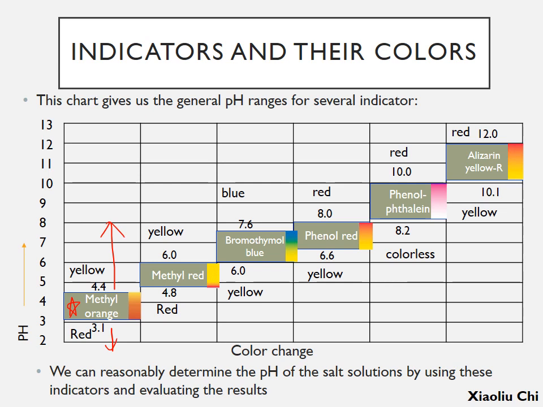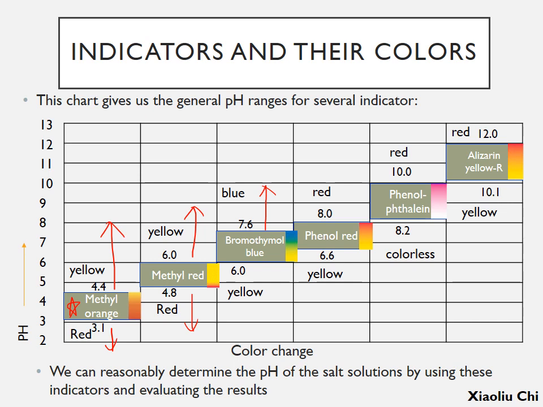Methyl red is yellow when pH is above 6.0, but changes to red when pH is below 4.8. Bromothymol blue is blue when pH is above 7.6, but yellow under 6.0. Phenol red is red when pH is above 8.0, but becomes yellow when pH is below 6.6.